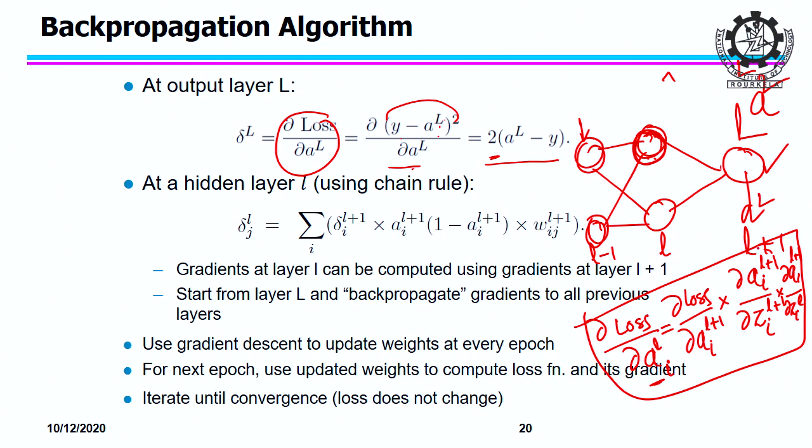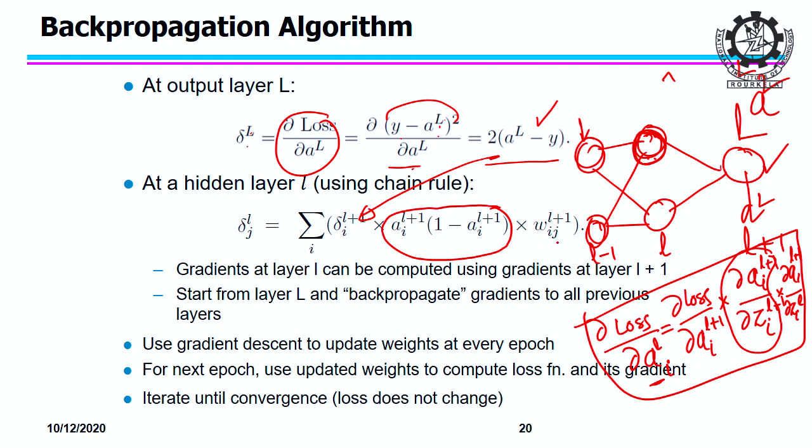So, this second part will remain the same. And then what is del loss with respect to A_i^(L+1)? L plus 1 is the last node, so that we have computed here, and we can directly put it here. That is nothing but del with respect to L, that is delta_i^(L+1).